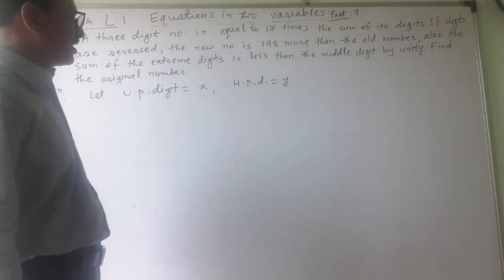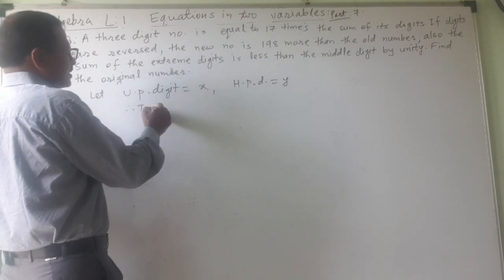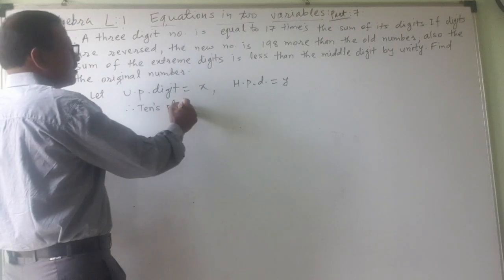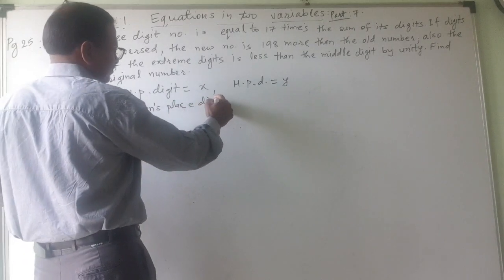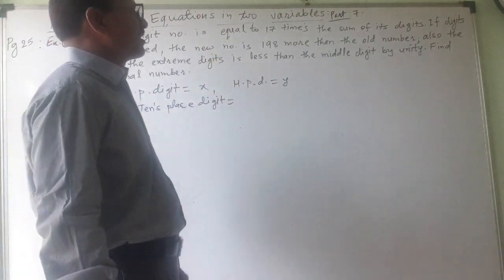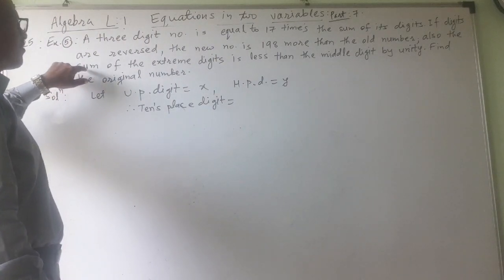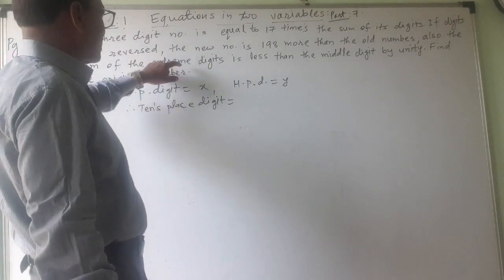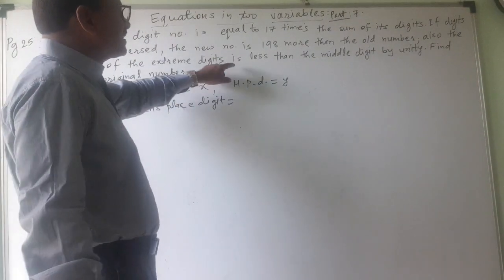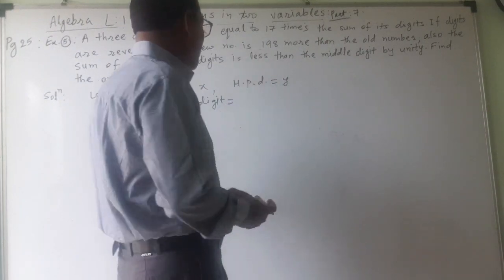This is the original condition. Therefore the tens place digit, the middle digit, from the last statement I will come to know: the sum of the extreme digits, which are these two, is less than the middle digit by 1.